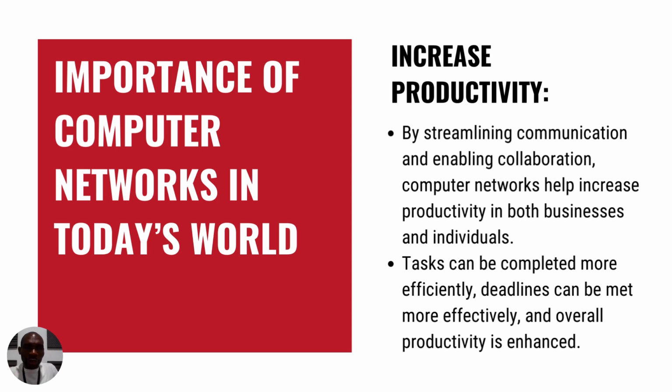We use digital marketing to do marketing. And you find that within a short period of time, people will come and buy. The more they buy, the more we produce. So this computer network helps us to increase productivity.